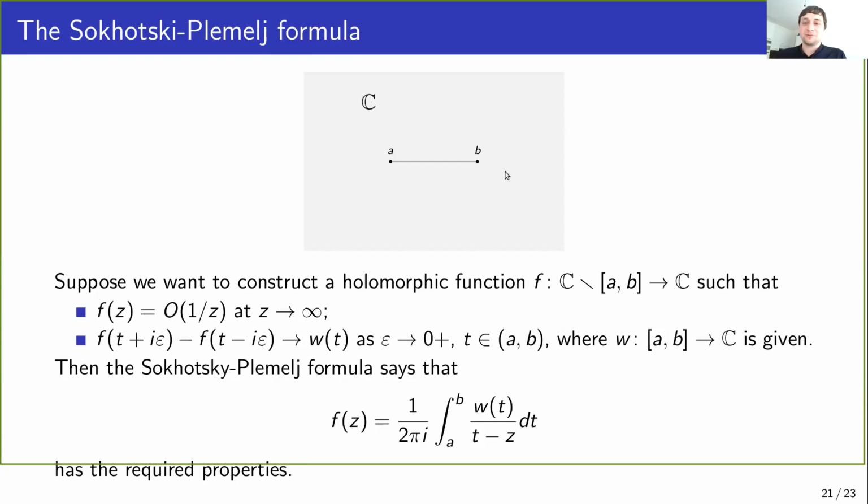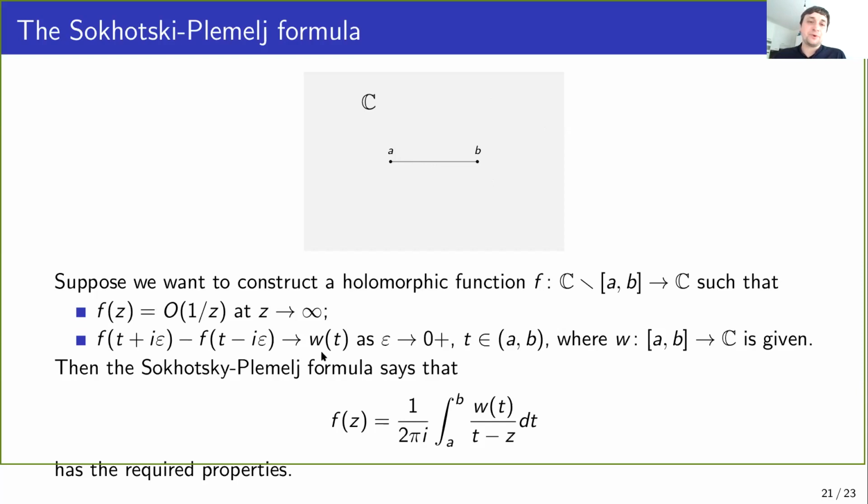You want to construct a function on the complement of, let's say, a finite interval, which is holomorphic and which grows nicely at infinity. So it actually decays, it goes to 0. Specifically, let's say it decays like 1 over z. And at the points of this interval, you want to have a jump between the values above and below.